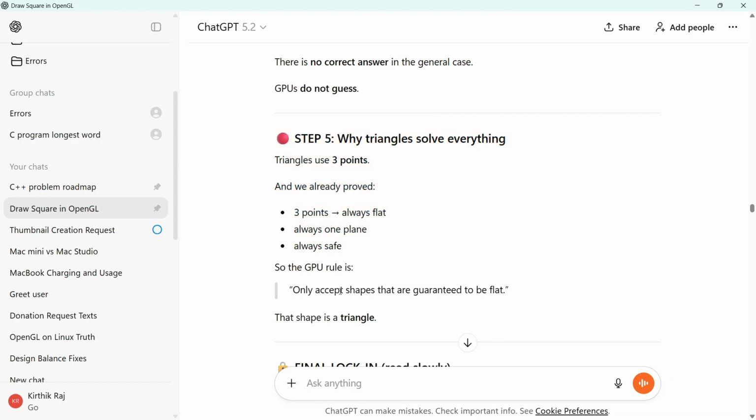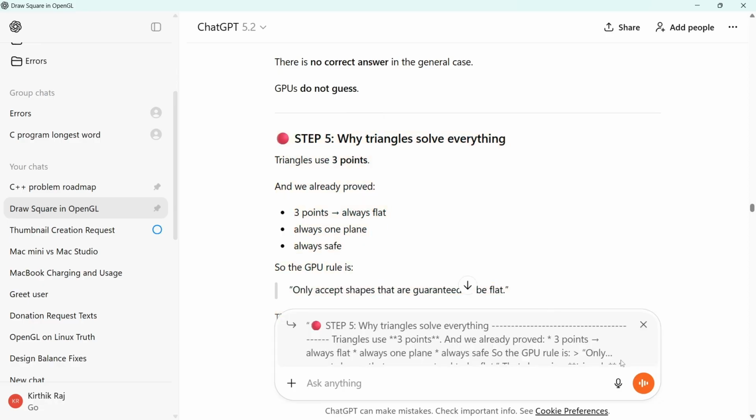So the GPU rule is to only accept this, guaranteed to be flat. That shape is okay. Let's confirm: the triangle cannot be non-coplanar, and the triangle is always flat.